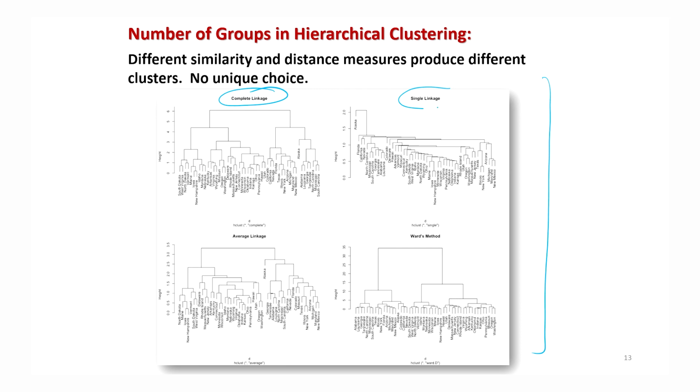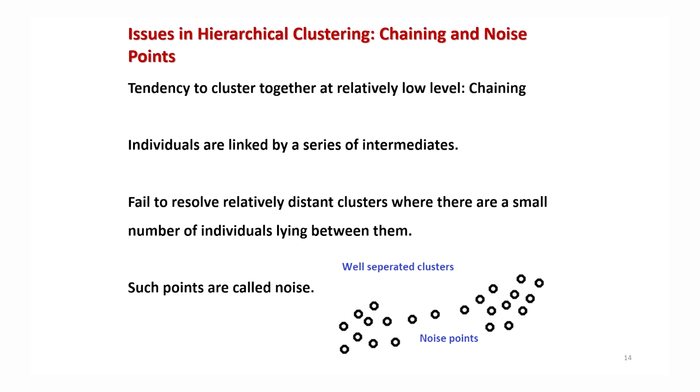The second one is based on single linkage that we discussed in the last lecture. Similarly, the other 2 clusterings are based on average linkage and Ward's method. So you can see clearly that these are quite different, right? So different similarity measures and different distance measures will produce different clusters. This is what I wanted to inform you.